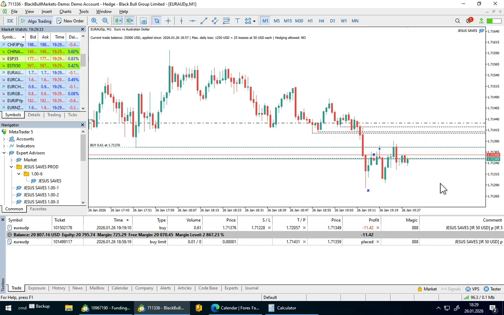Because here you can see on the left side where the levels are coming from, so that's good to have the lines in this case.